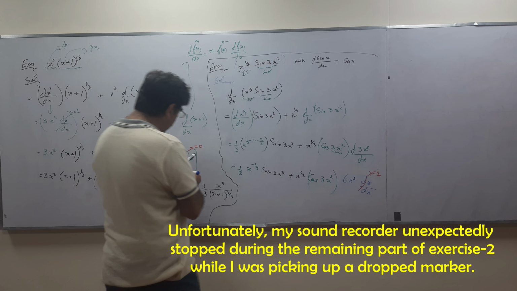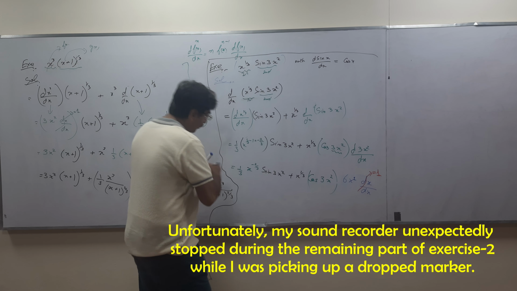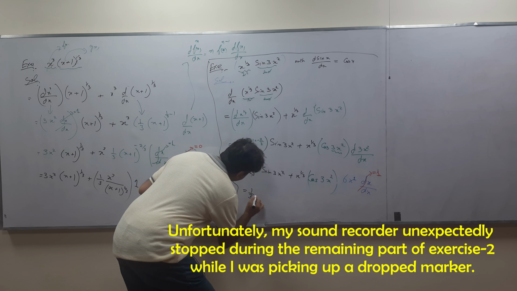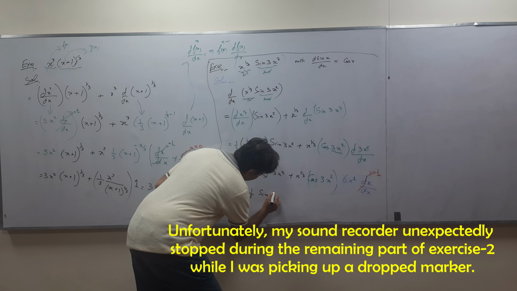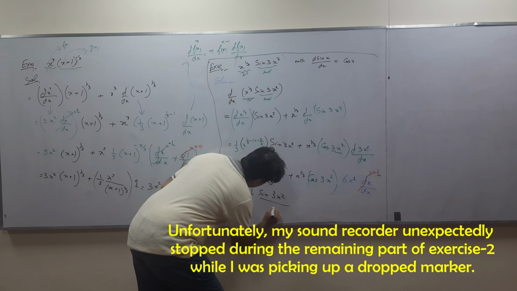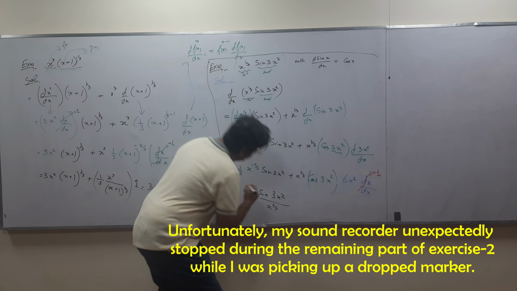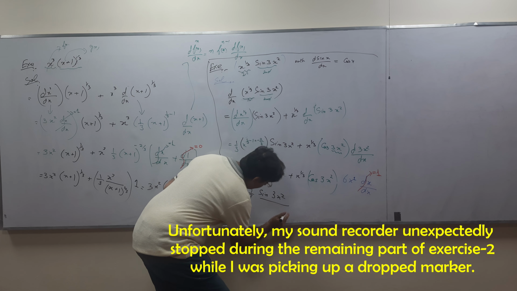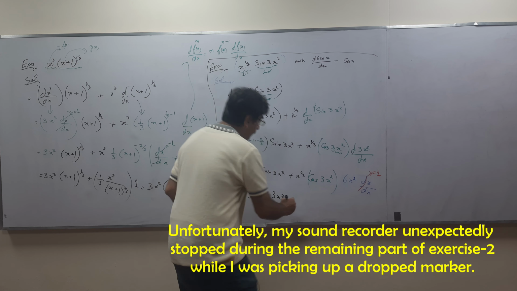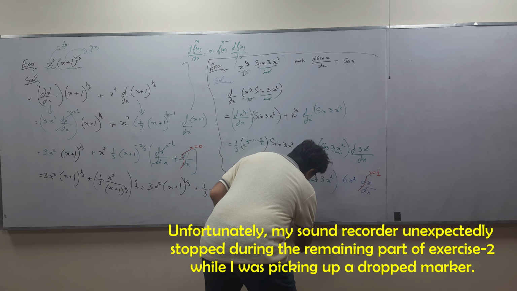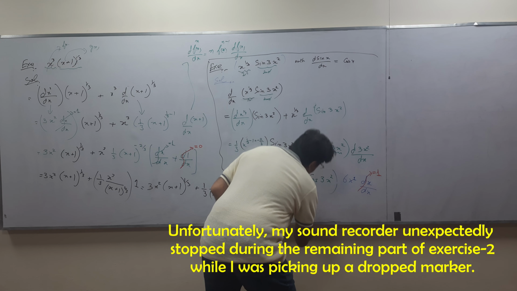Okay. So what will this be then? 1 over 3 sine 3x square over x to the power 2 by 3, plus x to the power 1 by 3 cos 3x square times 6x.